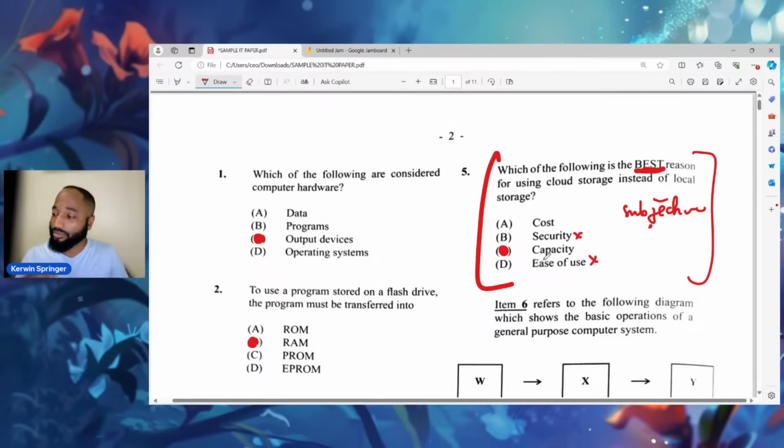My best answer, the reason why I use cloud storage, and nobody here uses more cloud storage than the student hub, is terabytes upon terabytes upon terabytes. The reason why is capacity. Even before I was running the student hub, there was still capacity. You store things on the drive for capacity's sake, rather than buying an expensive big one. So all the answers could work. I don't know. C is the best answer.